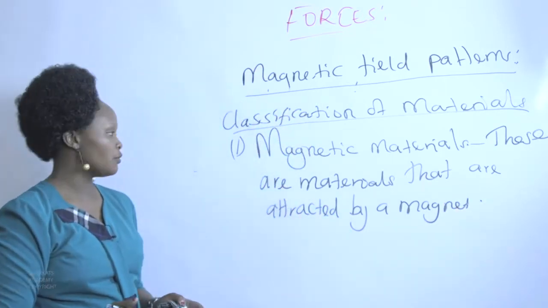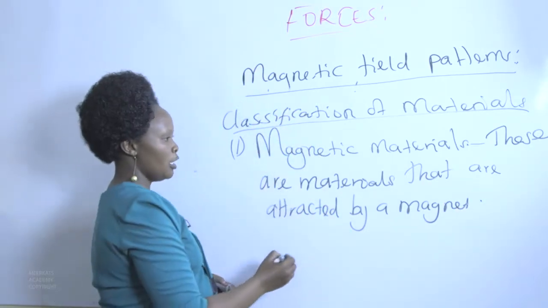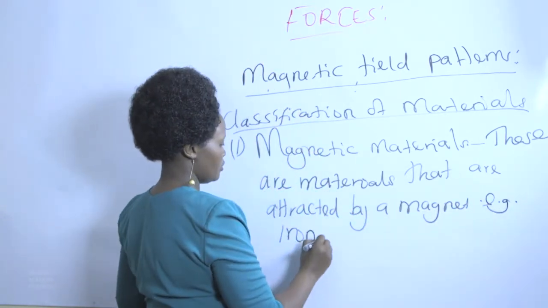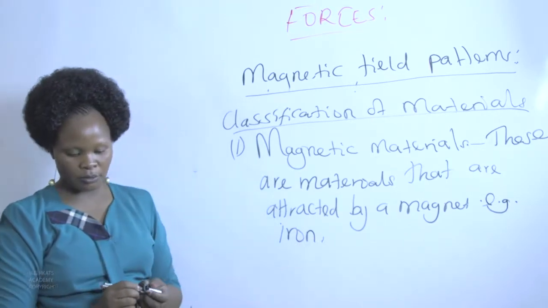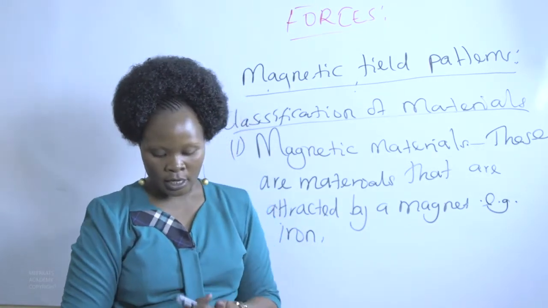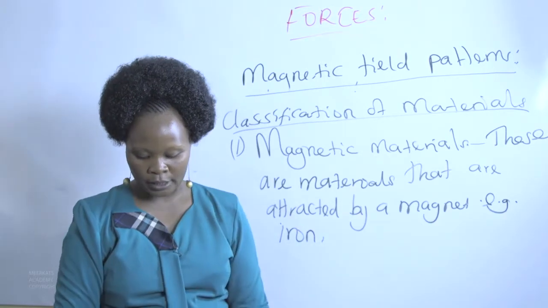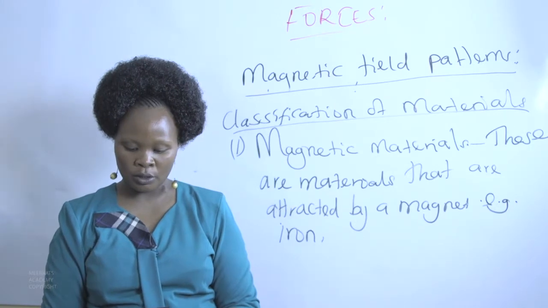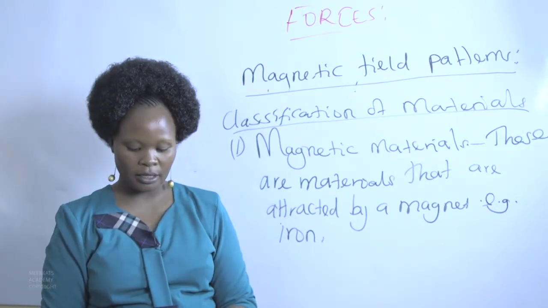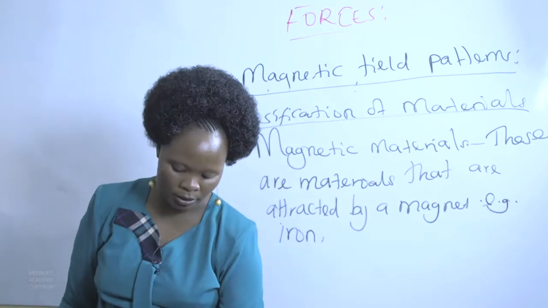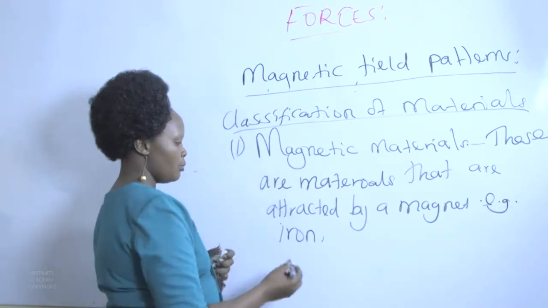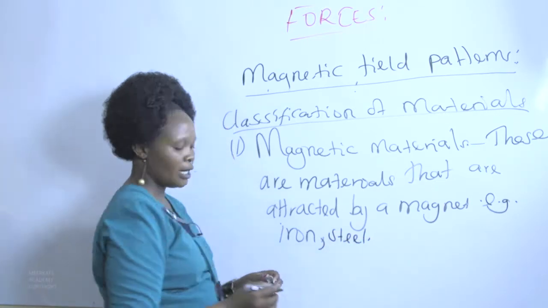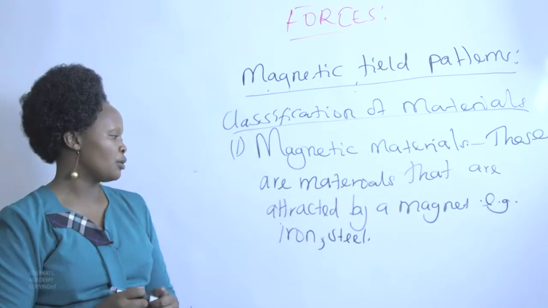An example of a magnetic material is iron. We have worked with iron filings and we have seen them respond to a magnet. That is what we call magnetic materials. They can be attracted by a magnet. Another example is steel, and the list can continue.